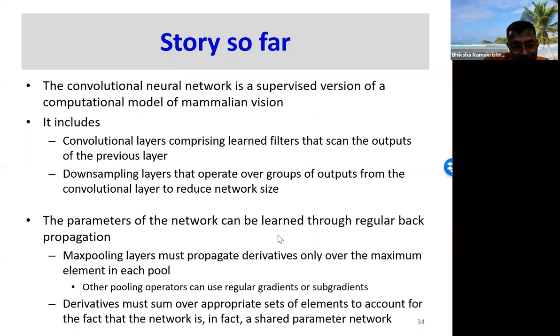The parameters of the network can be learned through regular backpropagation. Max pooling layers must propagate derivatives only over the maximum element in each pool. Other pooling operators have to use similar gradients or subgradients. Derivatives must sum over appropriate sets of elements to account for the fact that the network is in fact a shared parameter network.